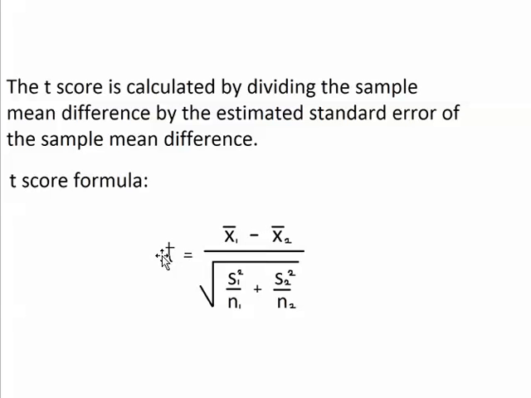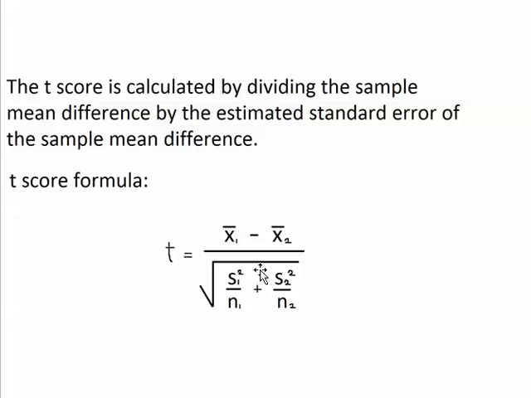In order to calculate the t-score, the researcher also needs to calculate the standard deviations of the two samples. So the researcher has to calculate the standard deviation of the data from sample 1 and the standard deviation of the data from sample 2. And the two standard deviations have to actually be squared. You have to square this one and square this one.